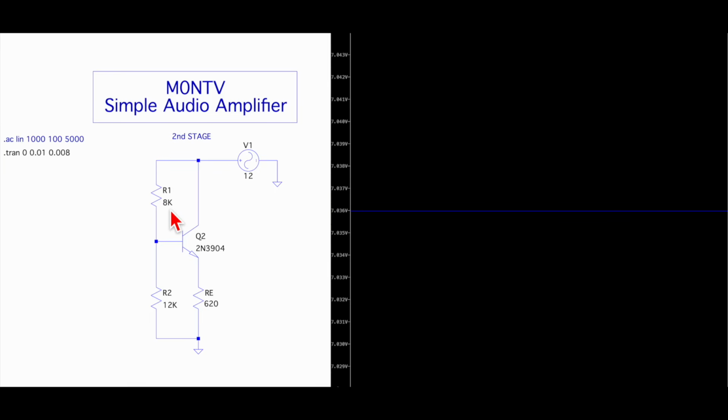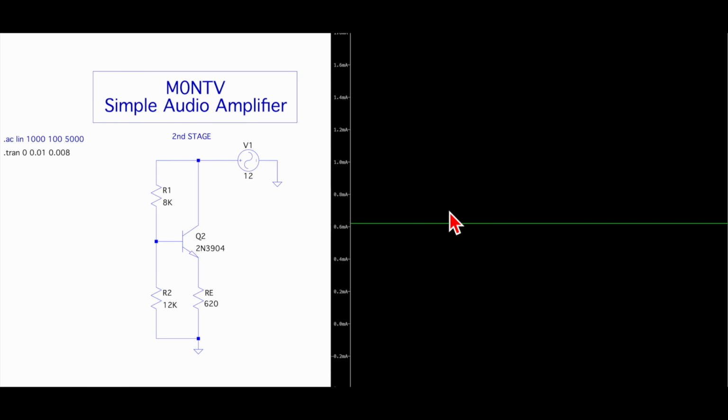So I just put an 8k resistor in there, and that seems to do the job pretty well. We get the 10 milliamps going through there, and we've got the 620 microamps going through here again, because that's 10 times what we thought the base current was going to be.